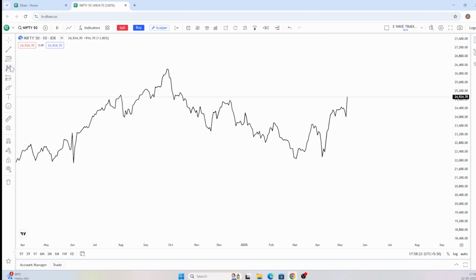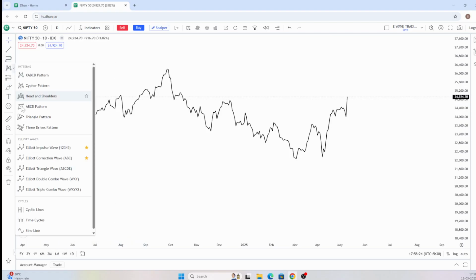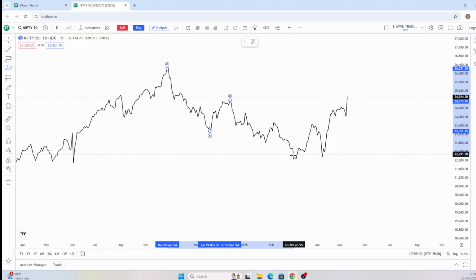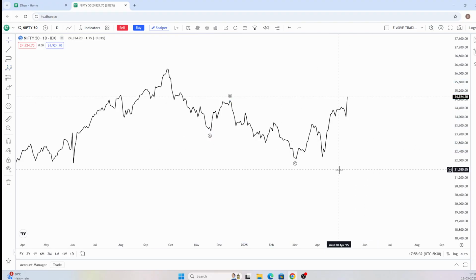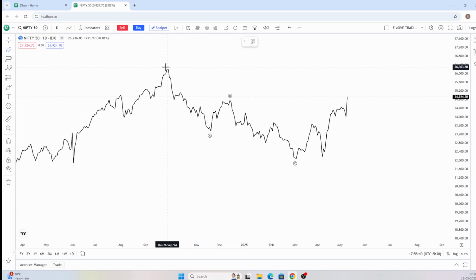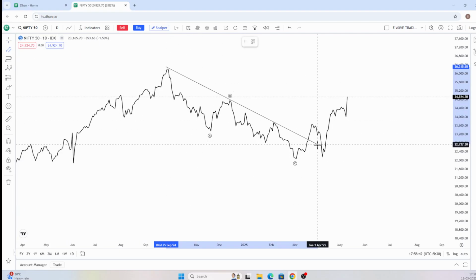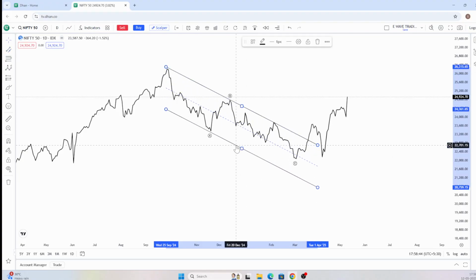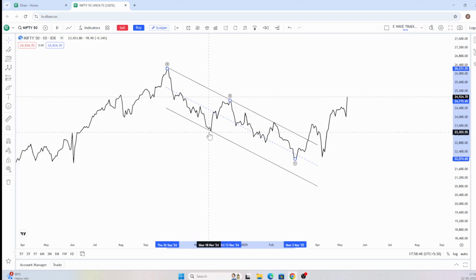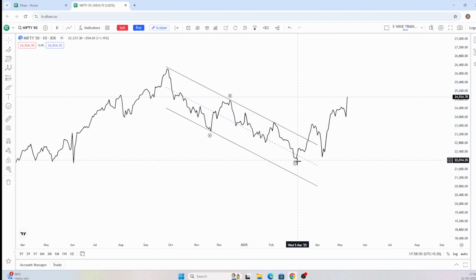The line chart says only one thing, boss: this is A, B and C. So when we see ABC, what we need is a channel to fit on the ABC if it is a zigzag. Is it zigzag? Yes, it is zigzag. Now you are understanding how we look into it.